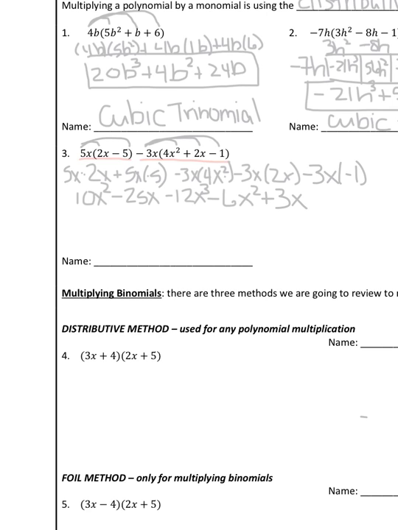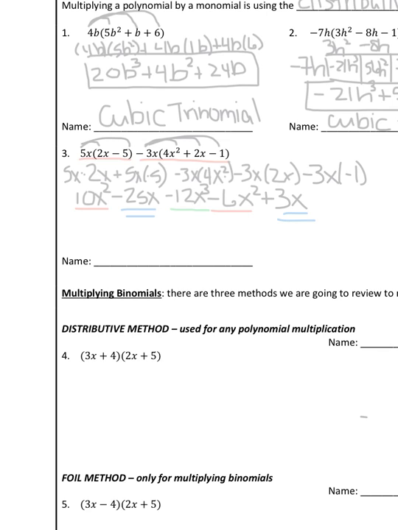So now I have 10x squared minus 25x minus 12x to the third minus 2x squared plus 3x. And then if we look at it here, we have an x squared term here and an x squared term there. So I have an x term here and an x term here, and then we also have an x to the power of 3. Now if we have to put this in standard form, I believe in your homework we've talked about standard form.